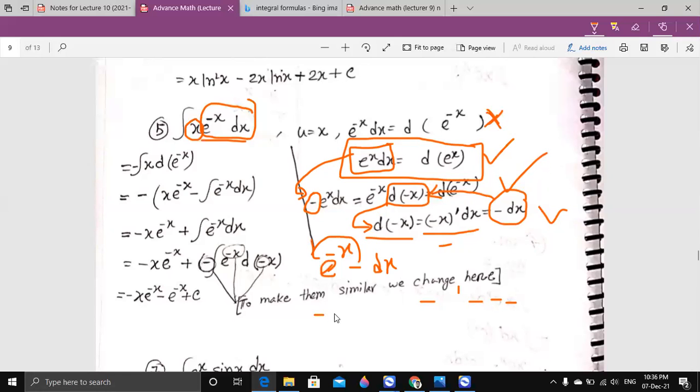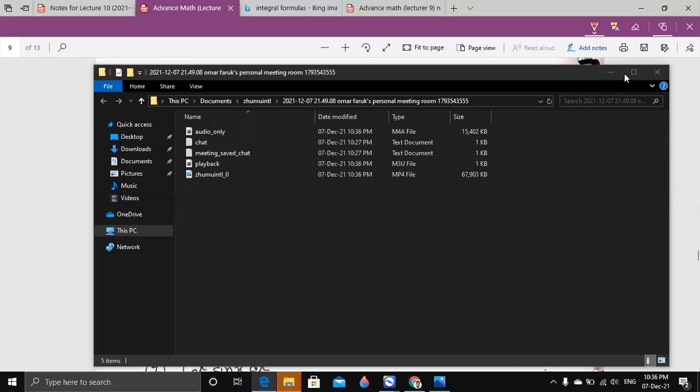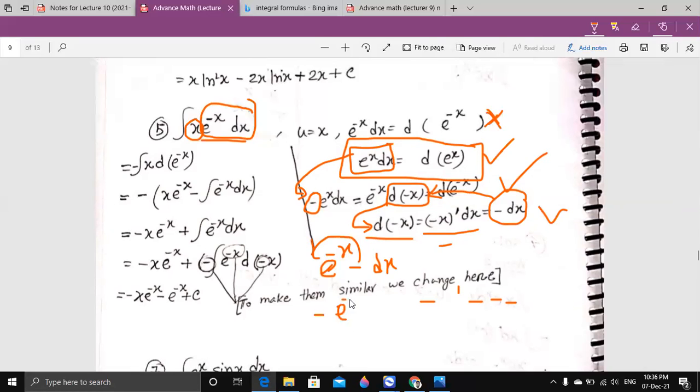So you get minus e to the power minus x dx. I wrote here minus integration e to the power minus x dx.